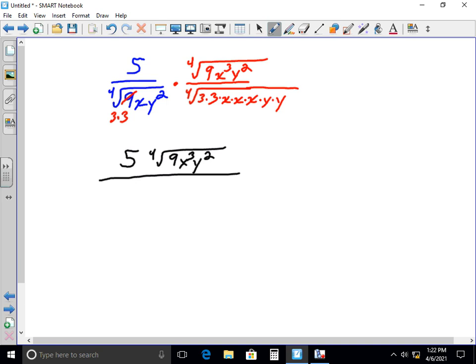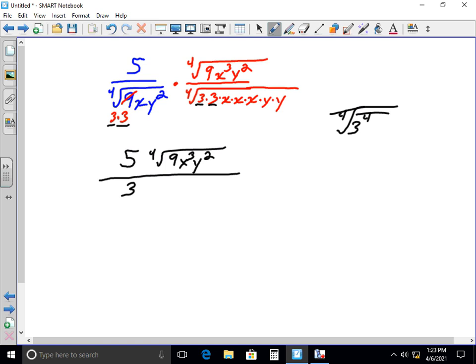The bottom, you can rewrite it if you want to, listing all of your factors, but we have 1, 2, 3, 4 3's. So how many groups is that? 1, because we're doing a 4th root. So if we have four 3's under a 4th root, that's 1 group, so we get 1 three.